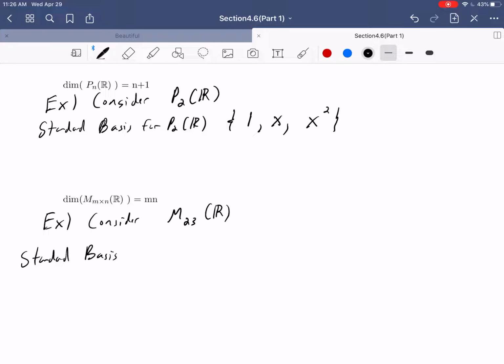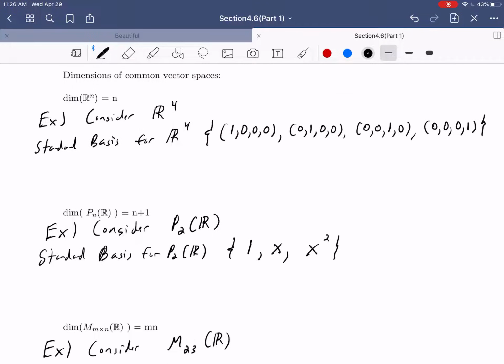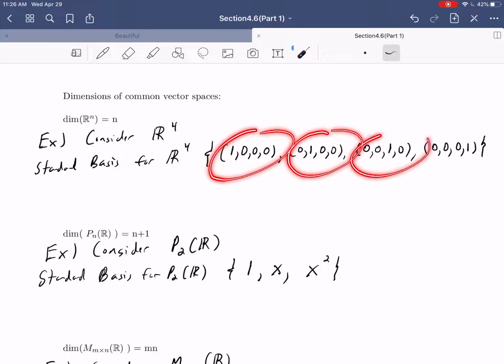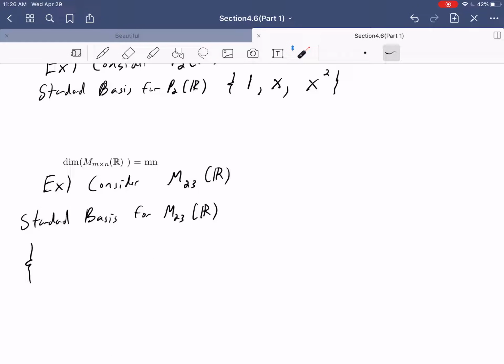Well, why don't we just use the same idea here and basically keep everything 0 except for a single 1 in one element?